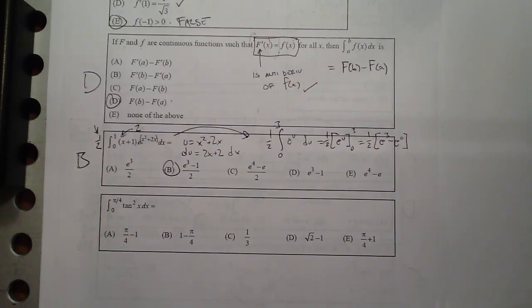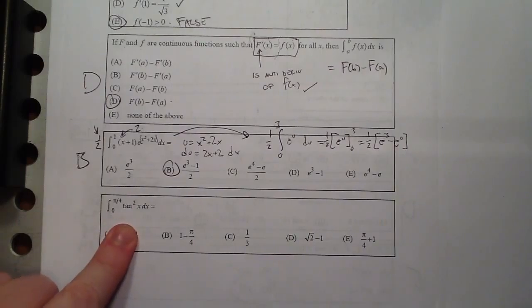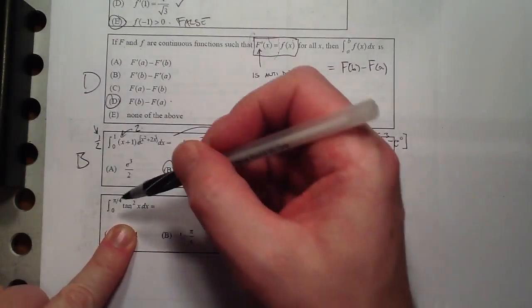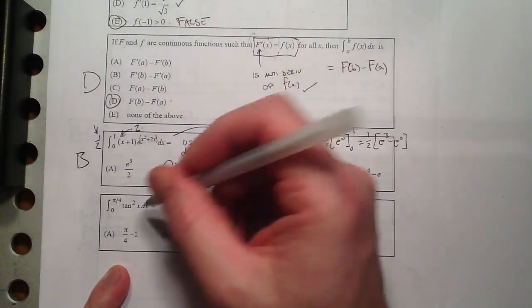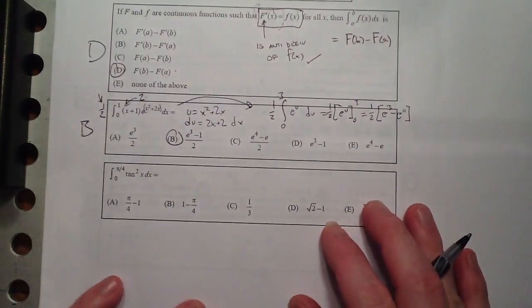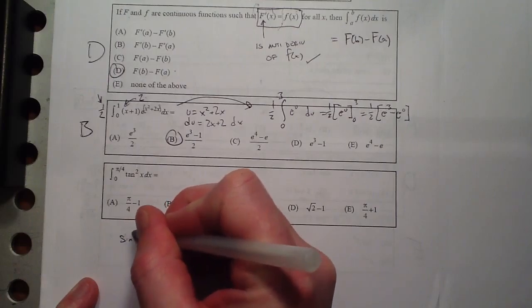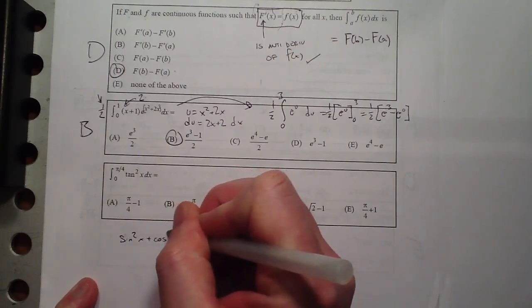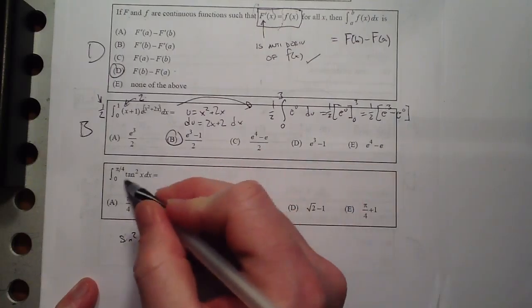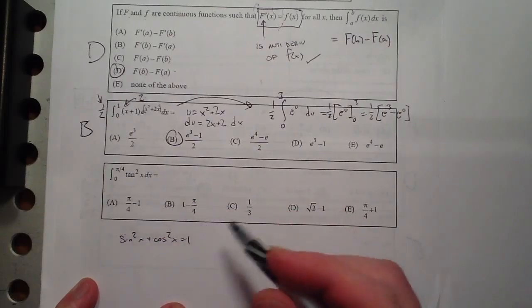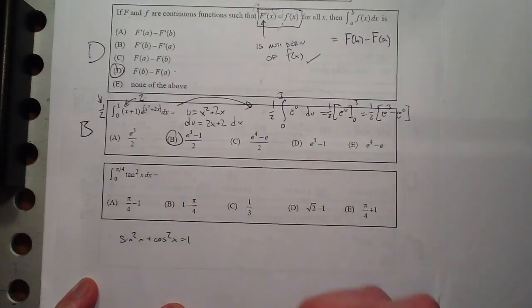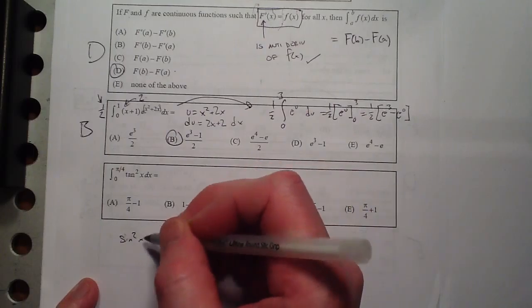Let's see. Oh, this is a tricky one. There is no u substitution you can do here. Let me show you the trick that's going to work for this one. Remember your Pythagorean identities. Sometimes you have to use trig identities to simplify these things. What we wish is that if that were secant squared, then I could do something with that. Remember, that's your Pythagorean identity number 1.